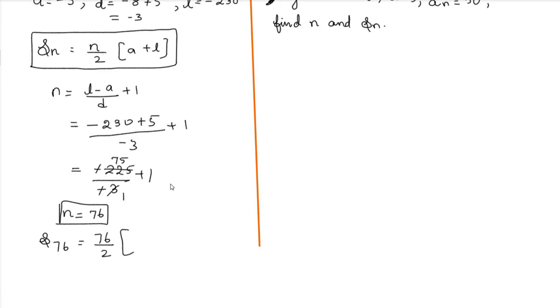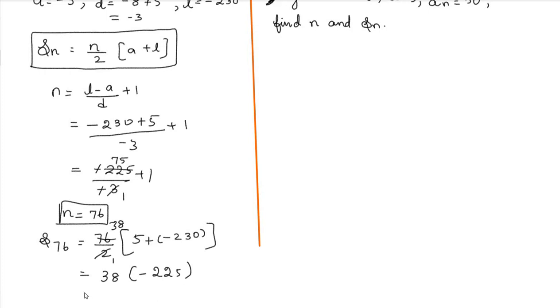What is a? a is 5 and we have l as minus 230. So 76 by 2, when I cancel, I'll get 38. Right? 76 divided by 2, I'll get 38. Minus 230 plus 5, that is 5 plus minus 230. We will get minus 225.